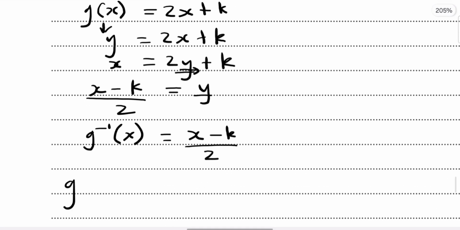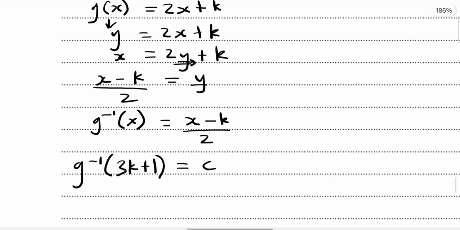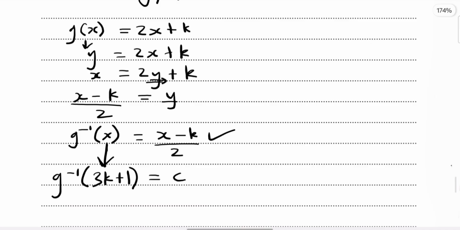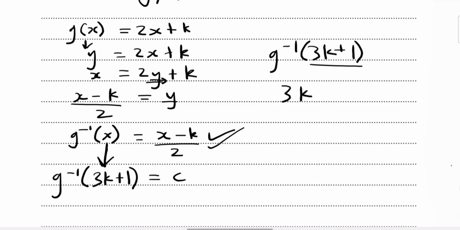And we're told g to the power minus 1 of 3k plus 1 is equal to c. So we're going to replace this x with this in here, right? So the inverse of g of 3k plus 1 is us replacing x in here with 3k plus 1. So 3k plus 1 minus k over 2.